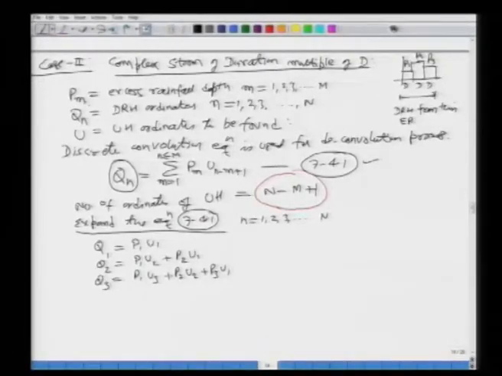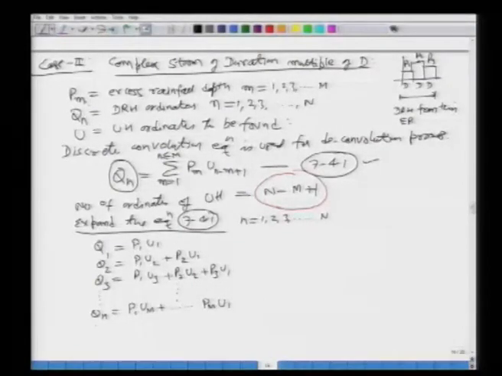And then we keep on doing this, and we go to q capital M, which will be P 1 u capital M, plus you can keep on doing that all the way up to P m and u 1.